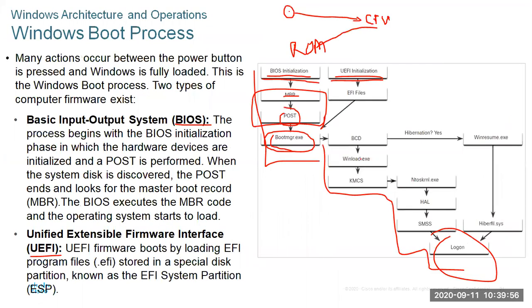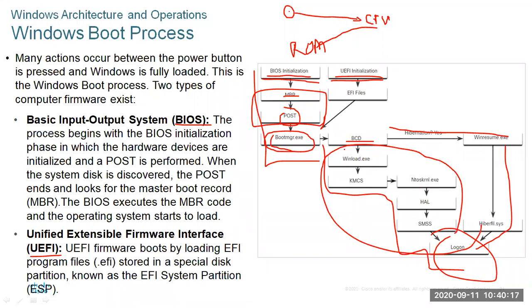If you had hibernated your system, it's going to skip all this stage and go straight to Windows resume, and then it comes down here and then Windows login. So it bypasses this entire stage.